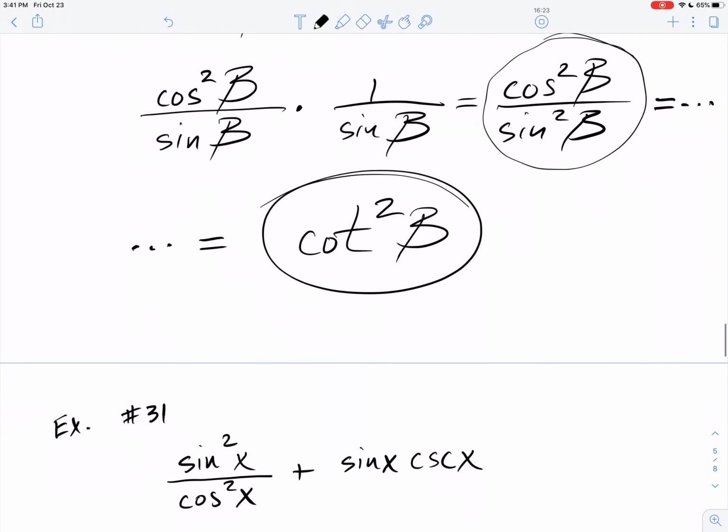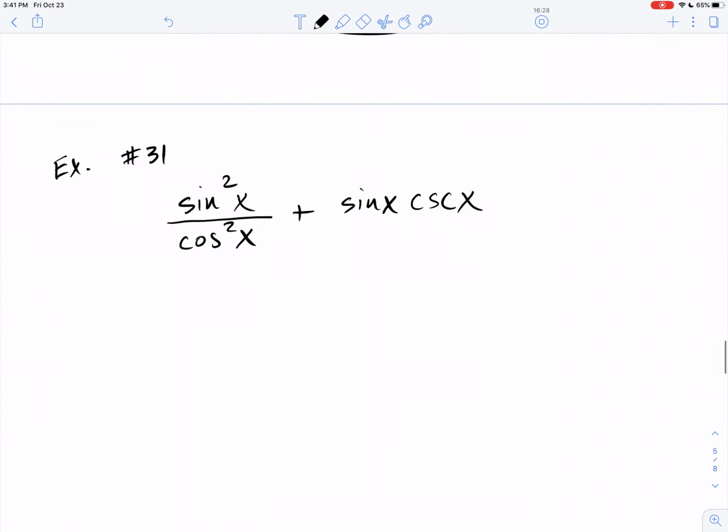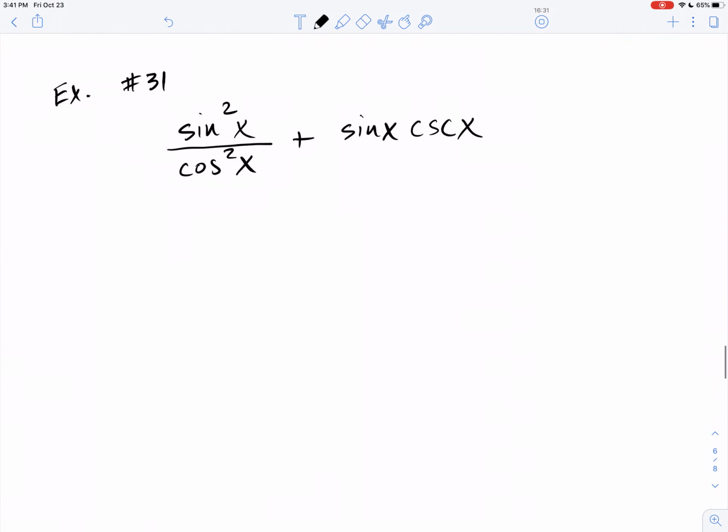This next one, believe it or not, is less work than that one, and it looks more complicated. It all depends on the way you see things. I'm thinking of it just like I did the last time. Sine squared x over cosine squared x, to me, that's tangent squared x. Plus, let's break this down.